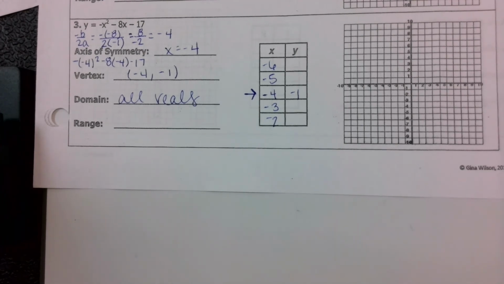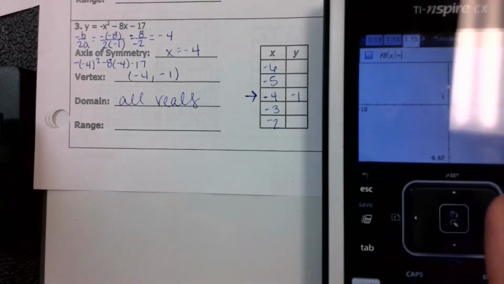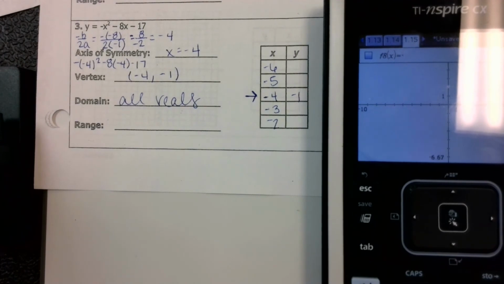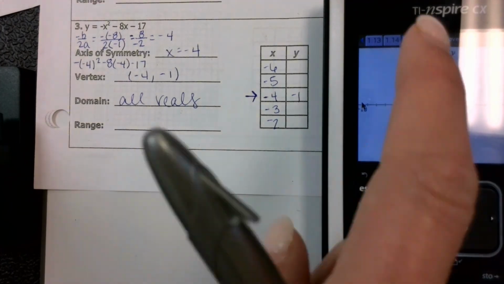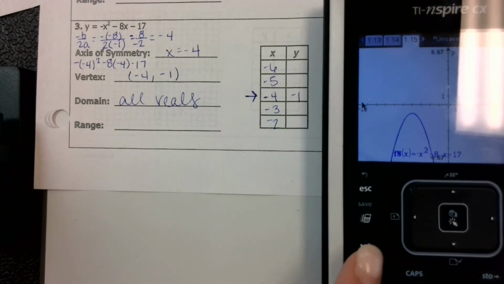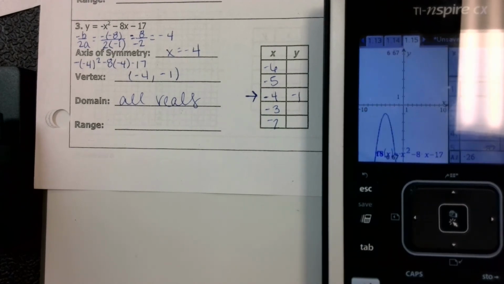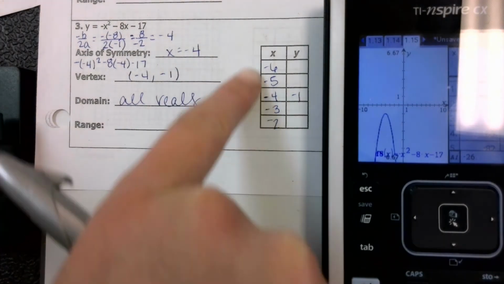So we'll go to a new graph and we're going to type in our function. So we've got negative x squared minus 8x minus 17, and we'll hit enter. So we know that this is what our graph is going to look like eventually. But we've got to get the points before we can get there. So how do you do that? How do you get points? Control T pulls up our table, and then we're just pulling values for the numbers that we already have.